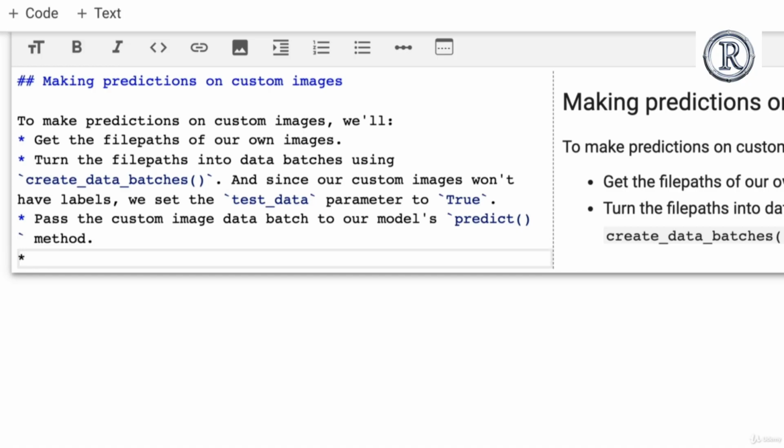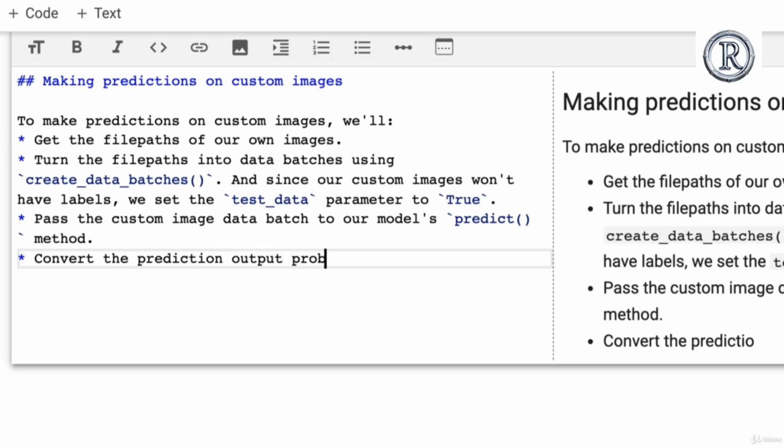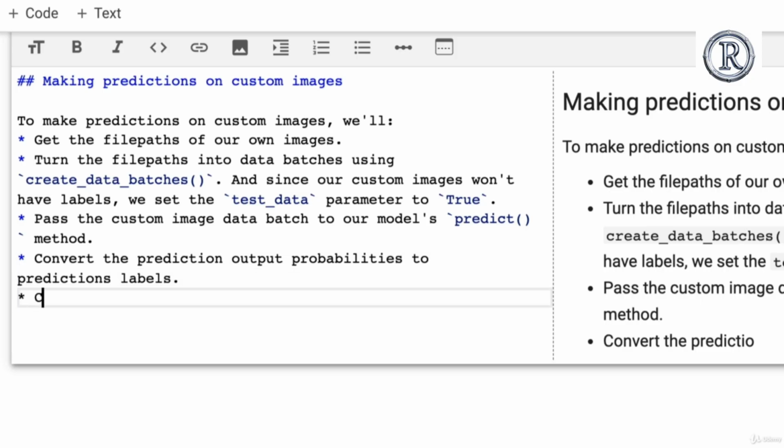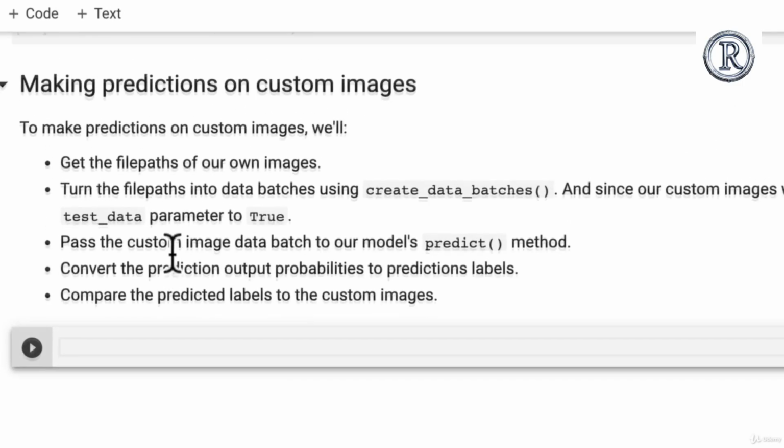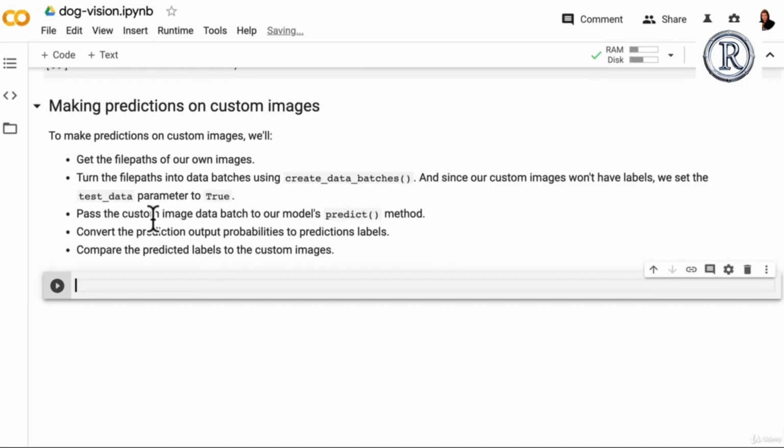And then we have to convert the prediction output probabilities to prediction labels, so making them into something that we can understand, and then compare the predicted labels to the custom images. Whew, that's a bit of a challenge, but it's nothing that we've seen before. It looks like a lot, but we're going to take it down.